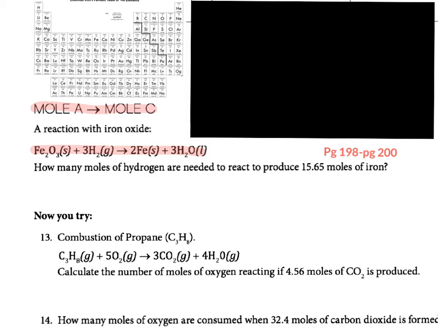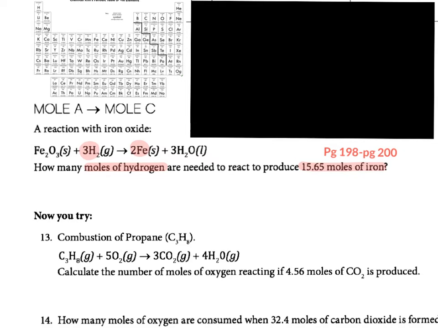identify what's being given. So in this case, it is the 15.65 moles that are being given. And then I like to highlight what's being asked. And what's being asked is moles of hydrogen. And then I go to the balanced chemical equation and I highlight those two things. So here's my iron and here's my hydrogen.